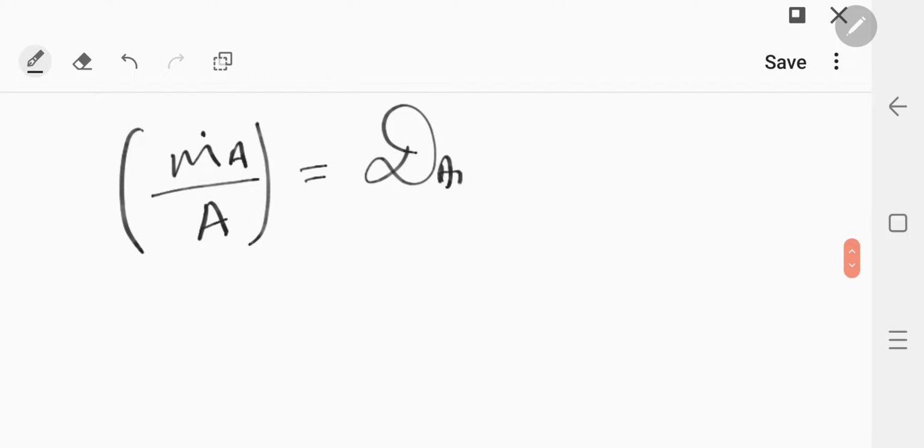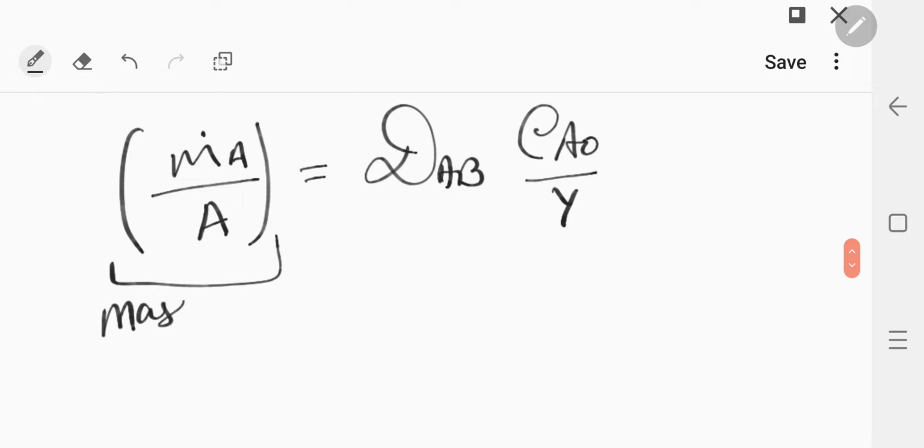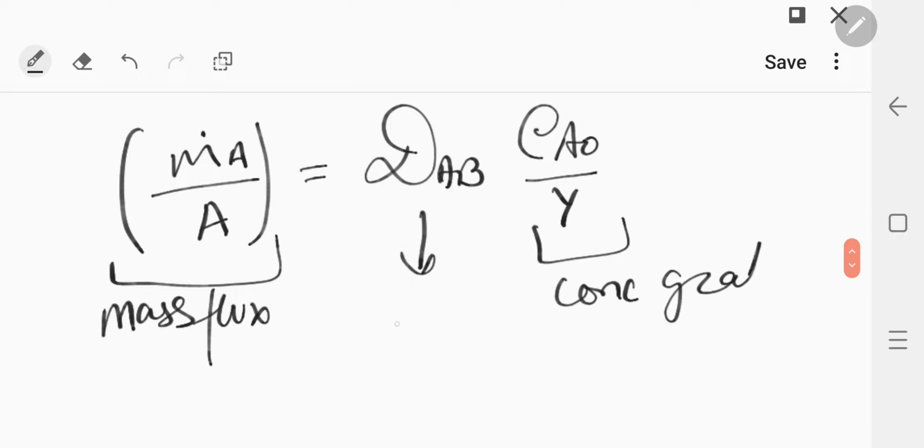Now at a macroscopic level we can again represent the same equation, which is the mass transfer rate of A per unit area is DAB times rho A by y, where this is your mass flux, that's your concentration gradient, and this is your transport property.